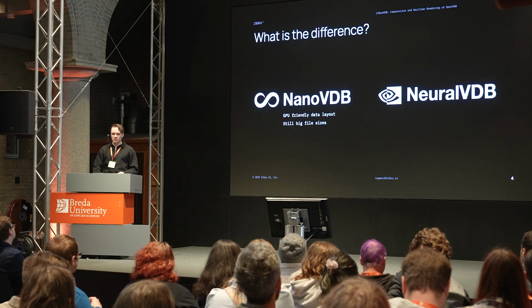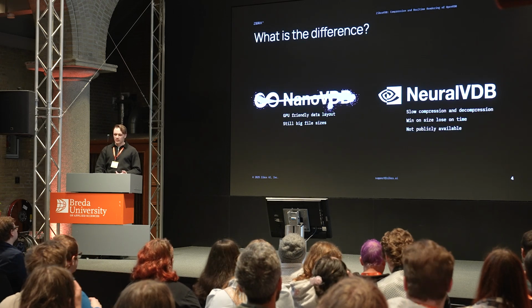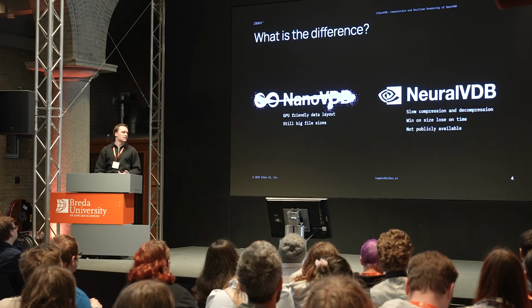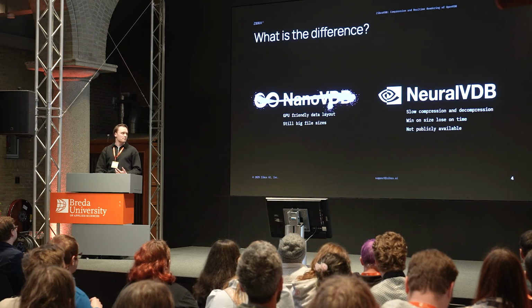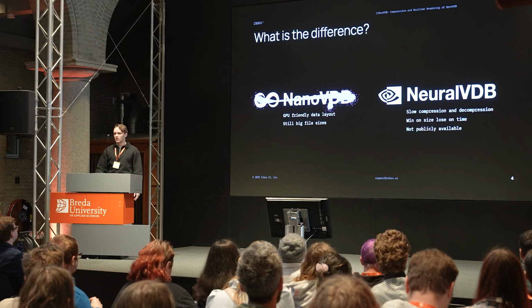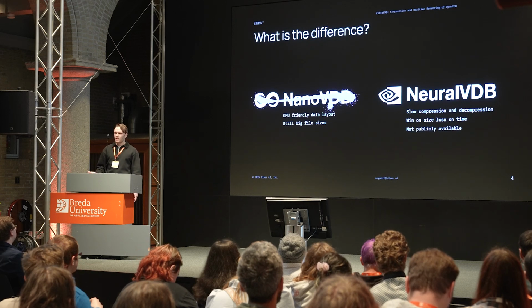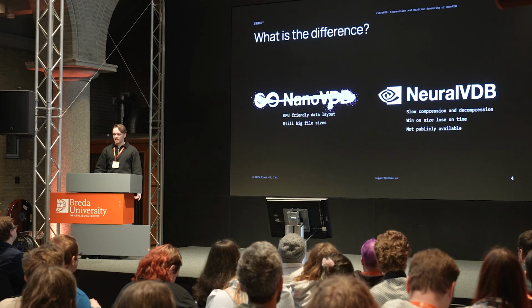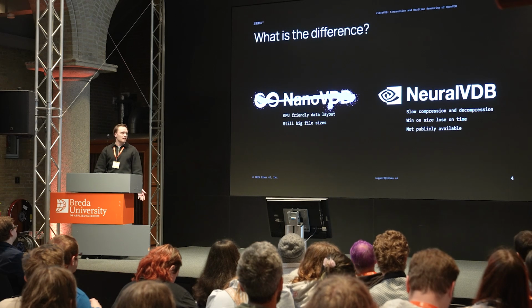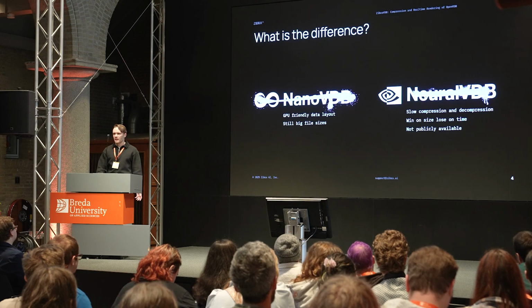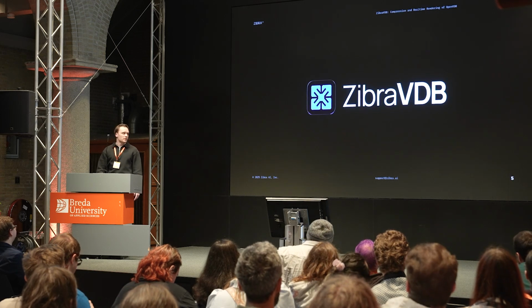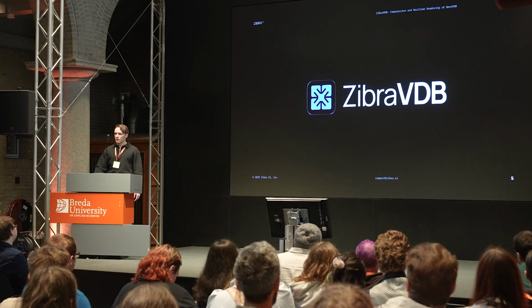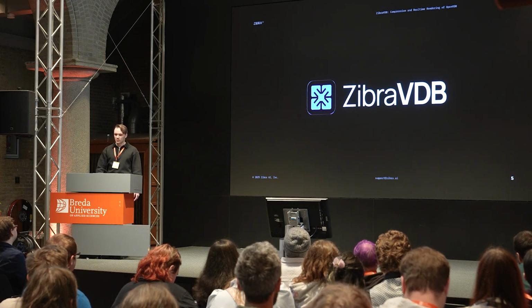NeuralVDB, on the other side, makes even less sense. Yes, it saves a lot of size, but it's very slow to compress and decompress, so you win on size but lose a lot on time. It's also still in early alpha, more like a pet project NVIDIA has. So this is why we created ZibraVDB. ZibraVDB is similar to NeuralVDB, except for one thing: it really works.